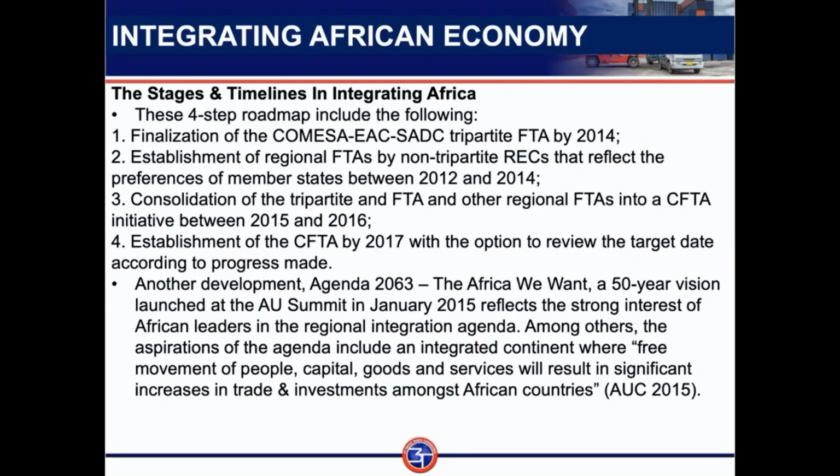Finalization of the COMESA-EAC-SADC Tripartite FTA by 2014, establishment of regional FTAs by non-tripartite RECs that reflect the preference of the member states 2012-2014, then consolidation of the tripartite FTA and other regional FTAs, that's free trade areas, into a continental free trade area by 2015 and 16, and then establishment of the continental free trade area by 2017, with the option to review the target date according to the progress made.